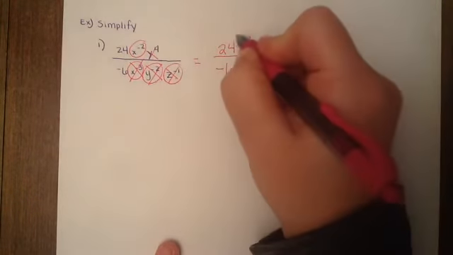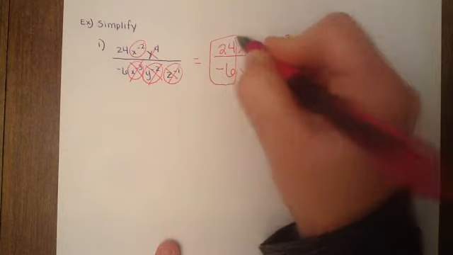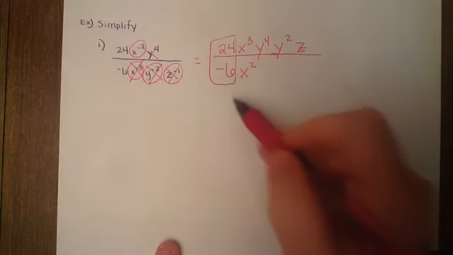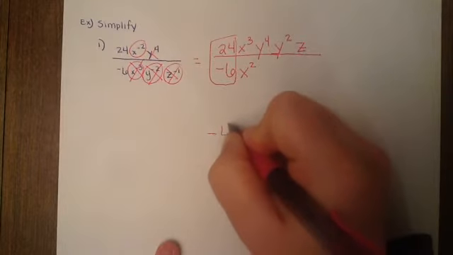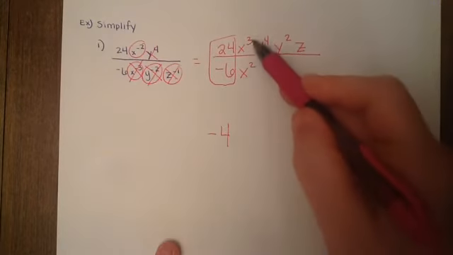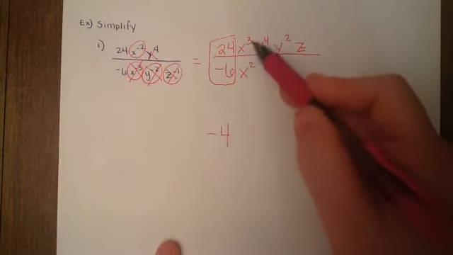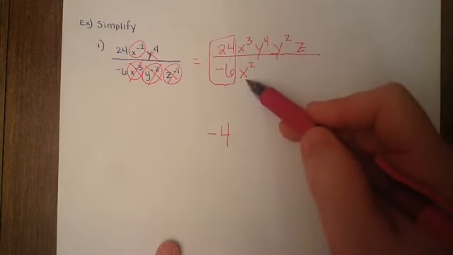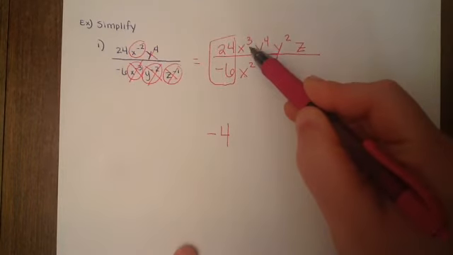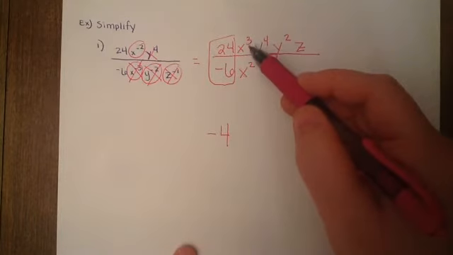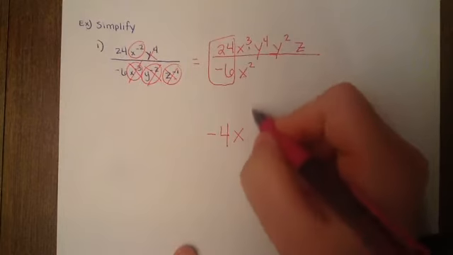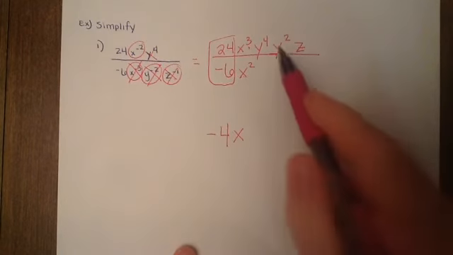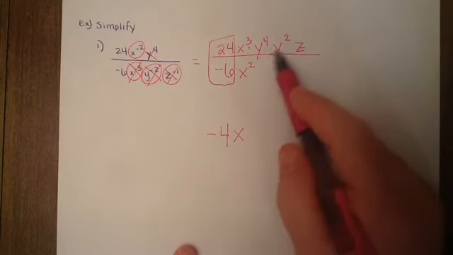Let's do some simplifying. 24 over negative 6, negative 4. X cubed over x squared. Where are there more x's? In the top. How many are left over after they cancel? 3 minus 2, which is 1. I have two different y's here.